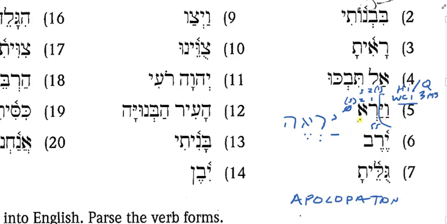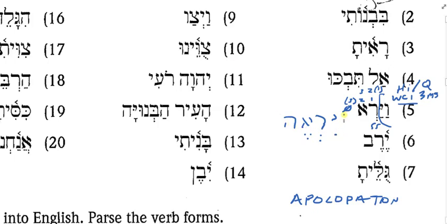Okay. Why is there an A-class vowel there? It probably has to do with that resh being a semi-guttural. Okay, because the imperfect in the qal would be what? Not yar'eh, but yir'eh with a chireq, right?